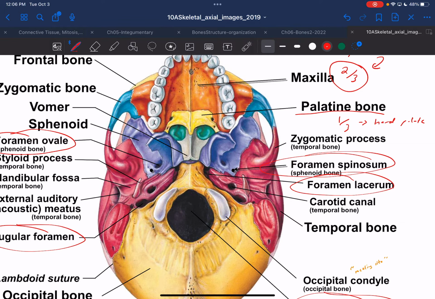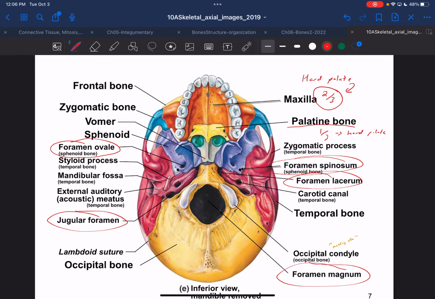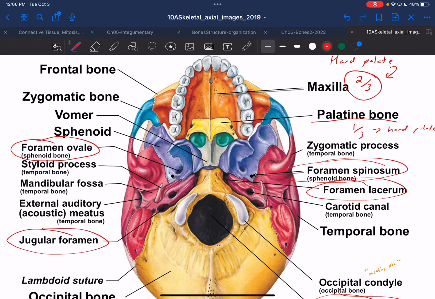Top, side, bottom. You can see it from everywhere. And so on the bottom, you can see it has its own foramen. You can see that the temporal bone has its own foramen. You can see the occipital bone has its own foramen. It's easier to learn it as a map, and I'll show you how to do that in a second. I just want you to keep in mind right now that the holes we're learning together.